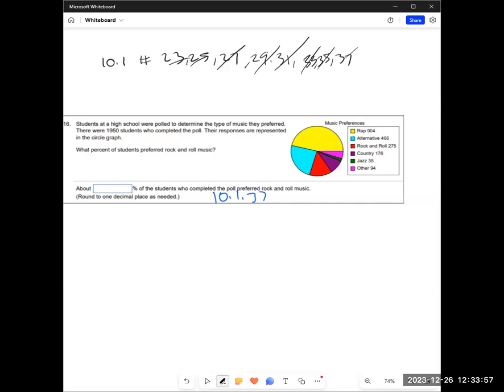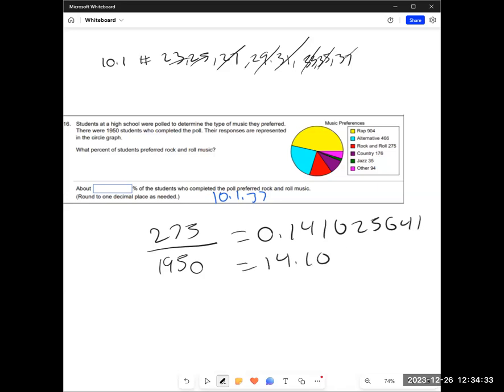So students in high school were polled, same thing, type of music. What percent liked rock and roll music? 275 out of 1950 is 275 out of 1950 is 0.141025641, which equals 14.1025641%.